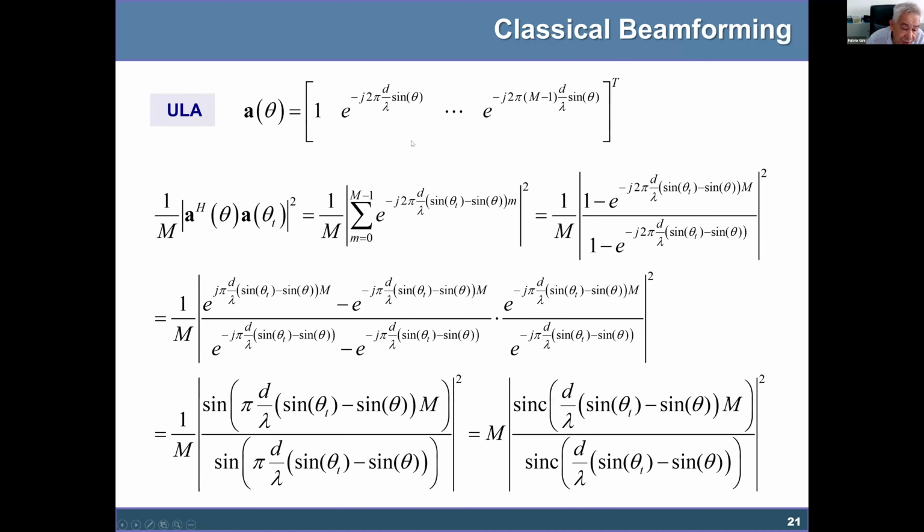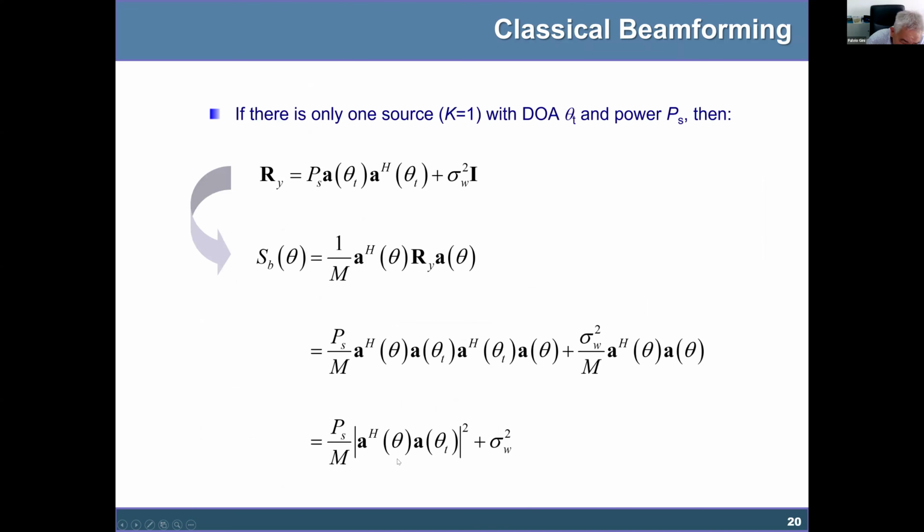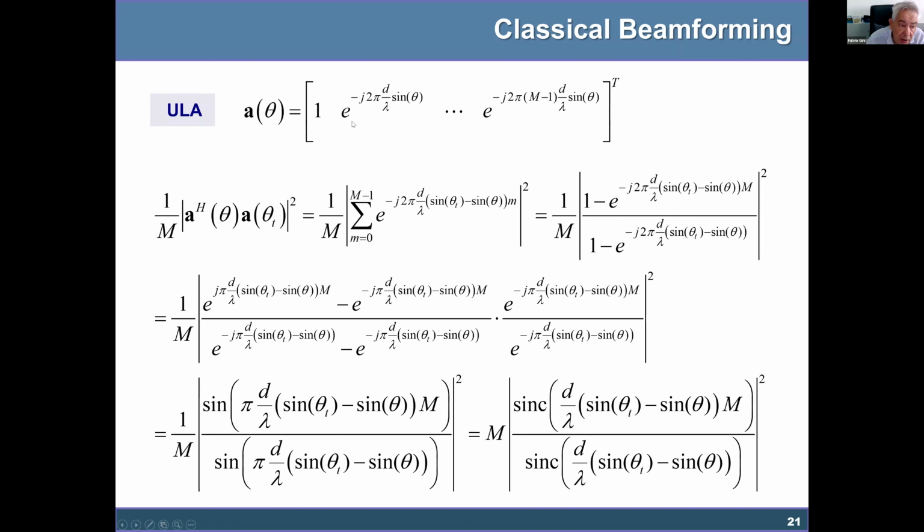Now, let's calculate this quantity here if the array is Euler. If the array is Euler, the array response is just a complex exponential.